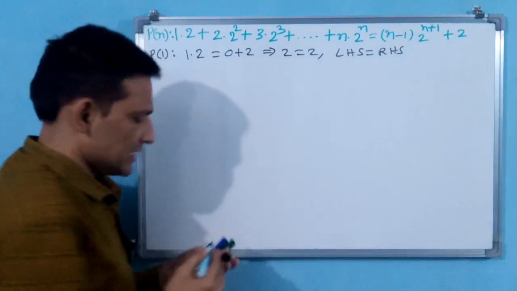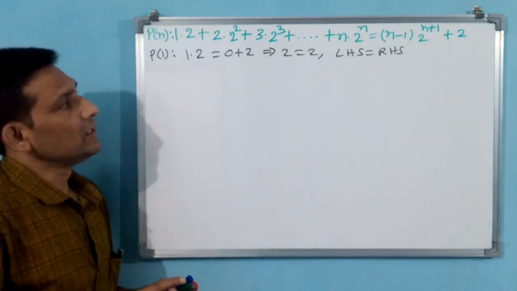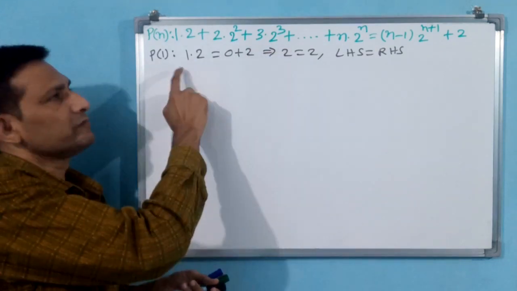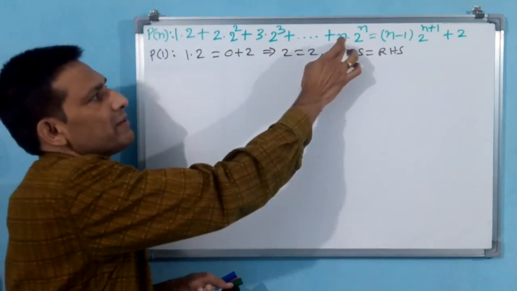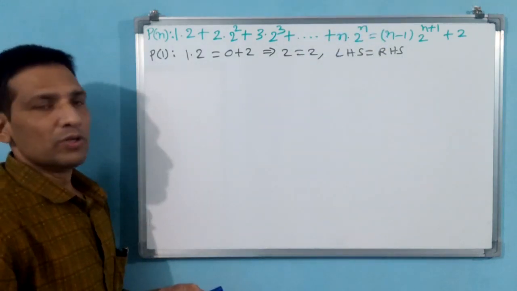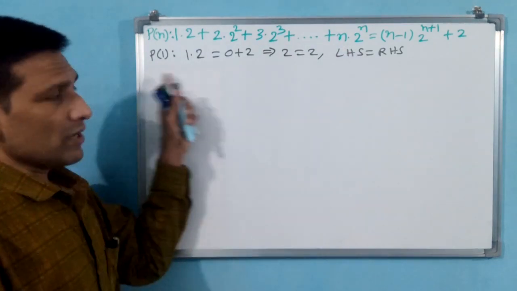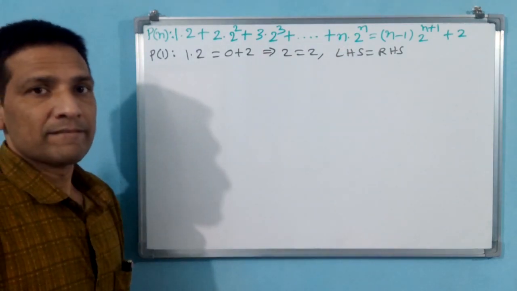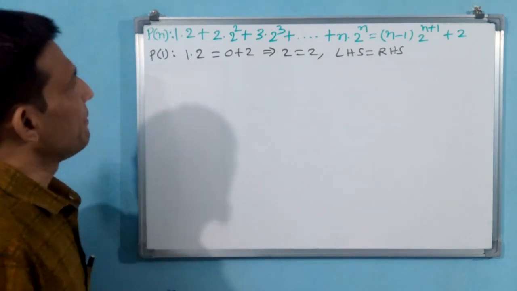Is it correct? You see first P of 1. First step only it will come when P has 1. If you give 1 into 2 normally, even you can verify here also 1 into 2 power 1. 1 into 2, 2. There 1 minus 1 is 0. That is why 0 plus 2 has come. After this what you have to write? You have to write Pn is true for n is equal to 1. Definitely. Write down. Pn is true.